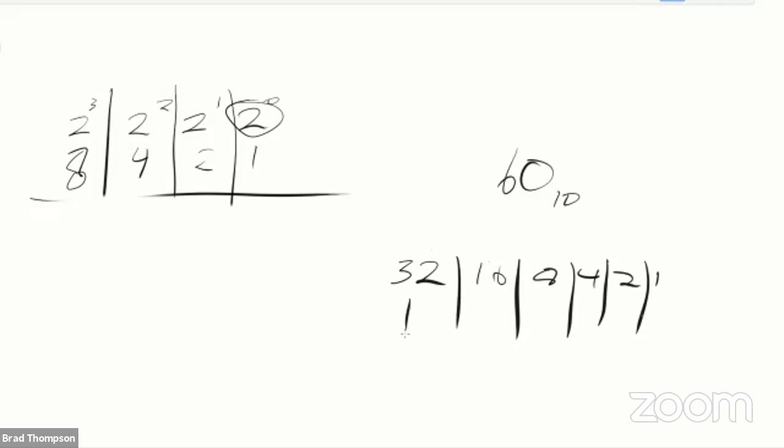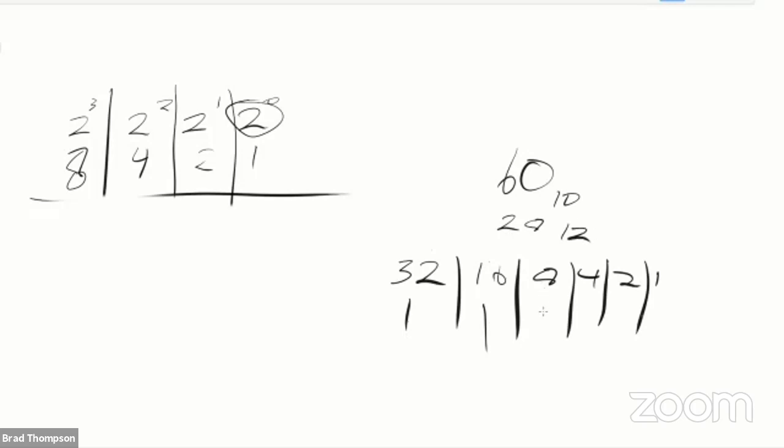So, what's 60 minus 32? 28. Can we take 16 away from 28? We sure can. What does that leave us with?